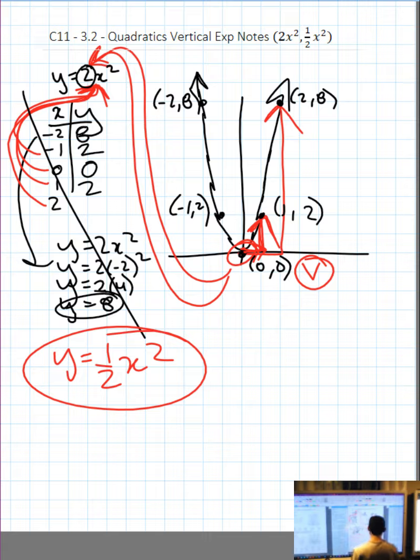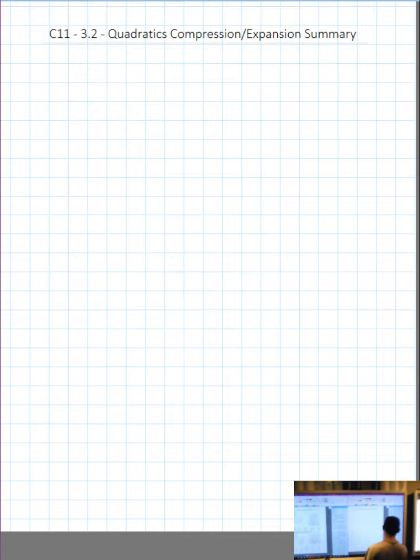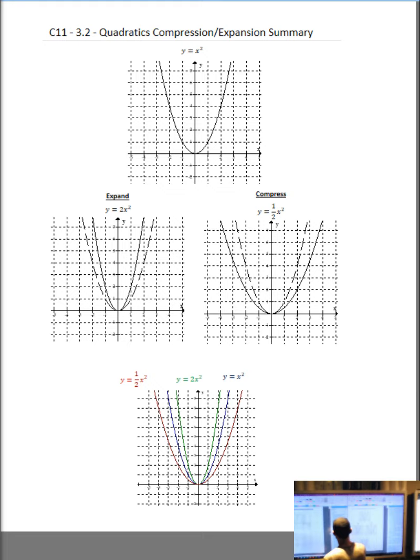So, now let's take a look at that in summary. So let's look at the most recent summary. We have y equals x squared, our regular graph of 0, 0. 1 squared is 1, up 1. 2 squared is 4, up 4.